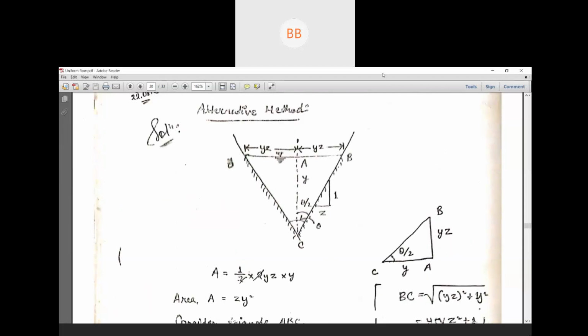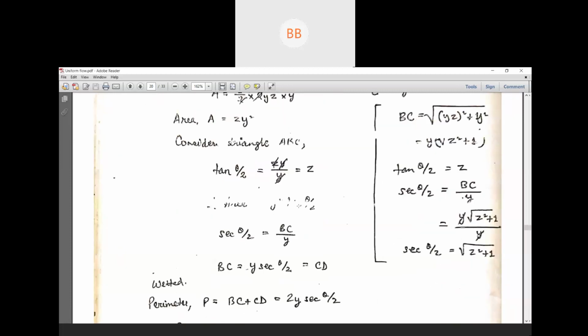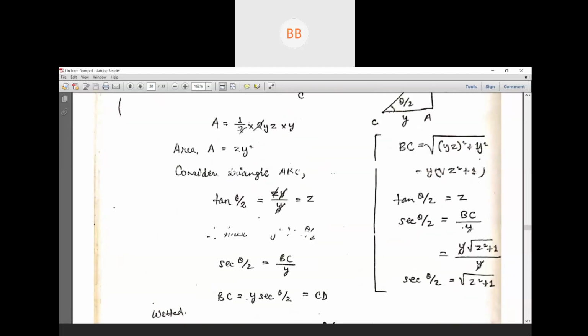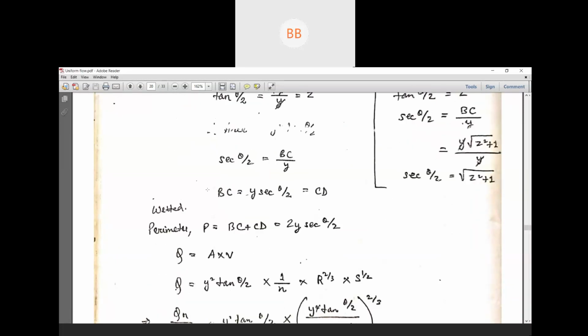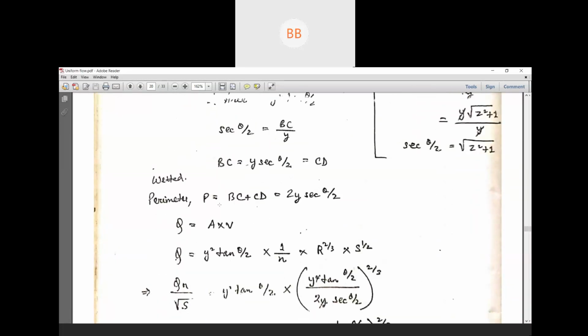So this is A, this is B, this is C, and this is D. Triangle ABC we have already done. Now we are coming here for weighted perimeter.